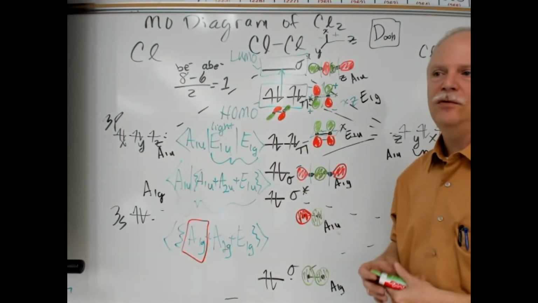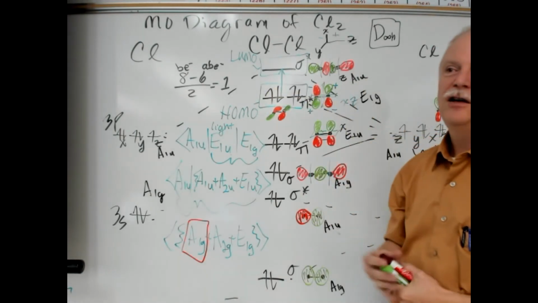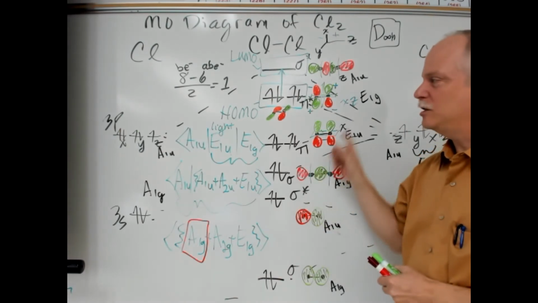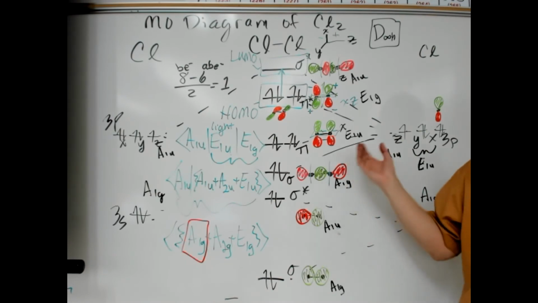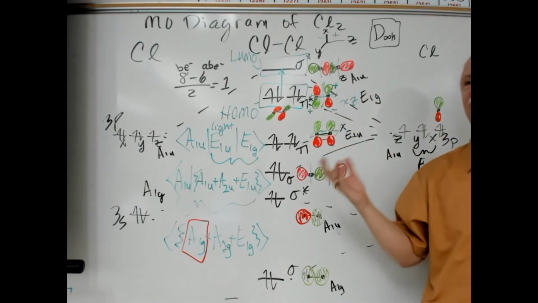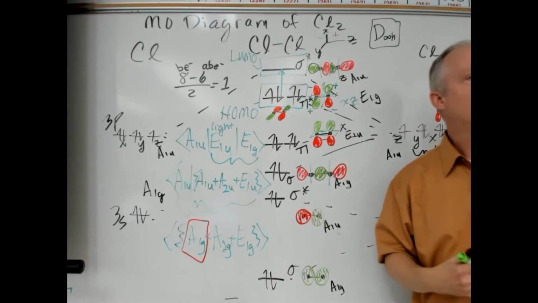Yeah. And so really the SP mixing is just kind of a weird thing for those small, second row diatomics. And so if you just know this pattern here, then that's good for almost all of them. And if you were to draw this for something like carbon or whatever, technically you'd be wrong, but 90% of it would be right.